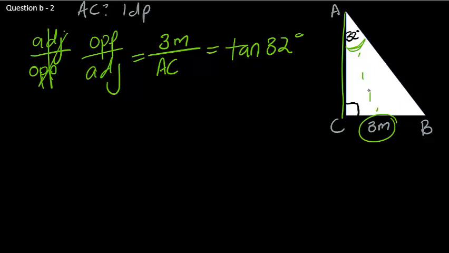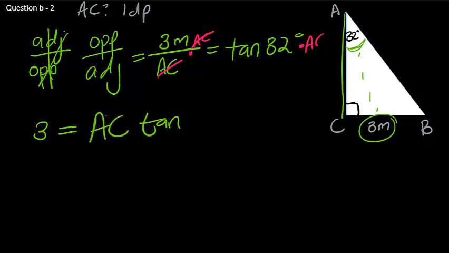I want to get AC alone, so I'm going to multiply by AC on both sides. These two cancel out. So I have 3 meters is equal to, let's take the meters away, just to not confuse you, 3 equals AC tan of 32 degrees.